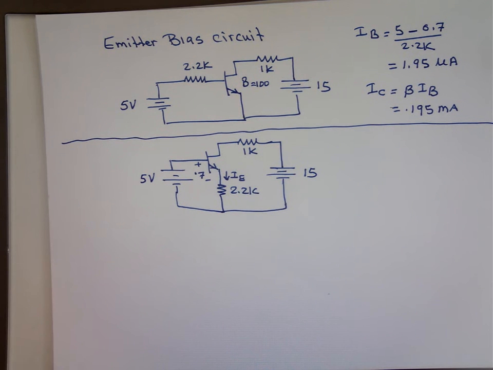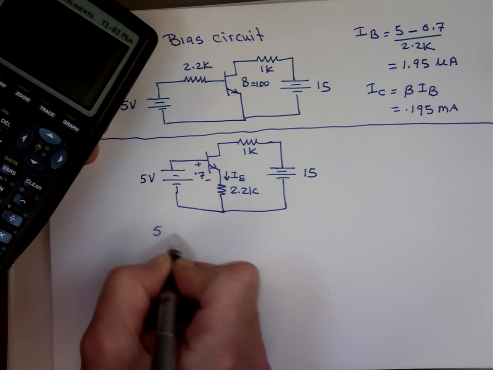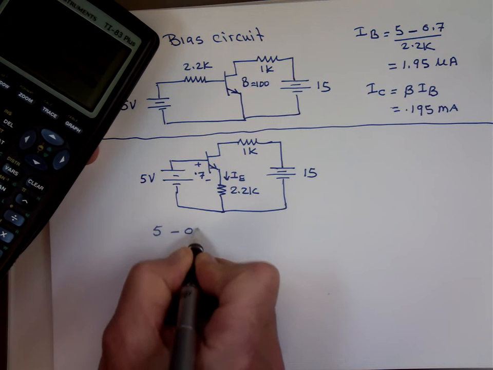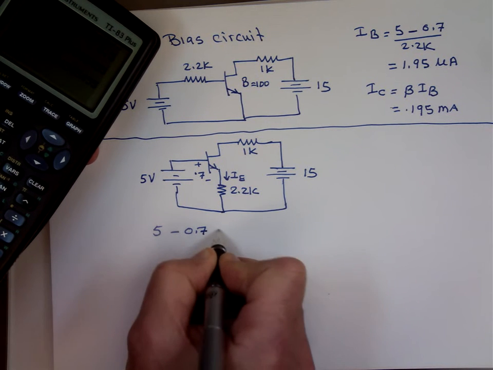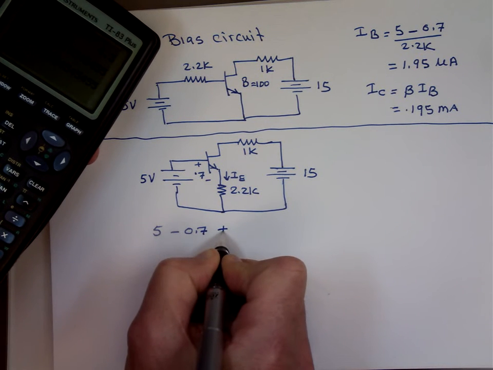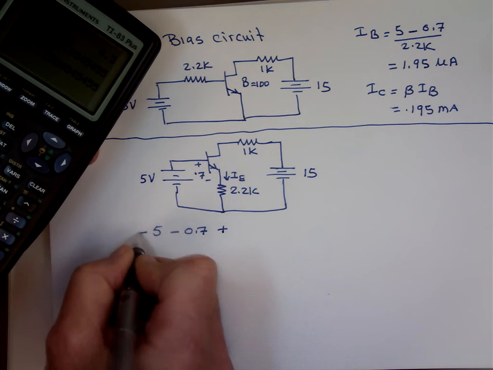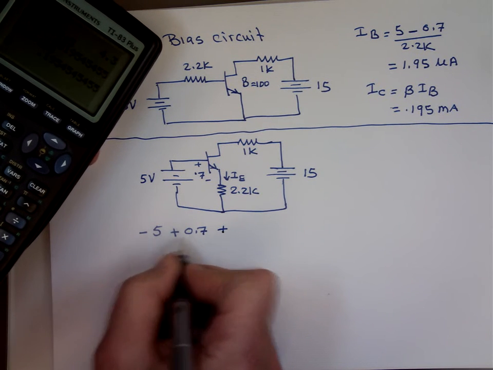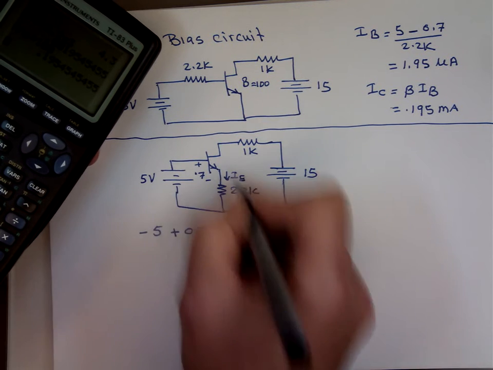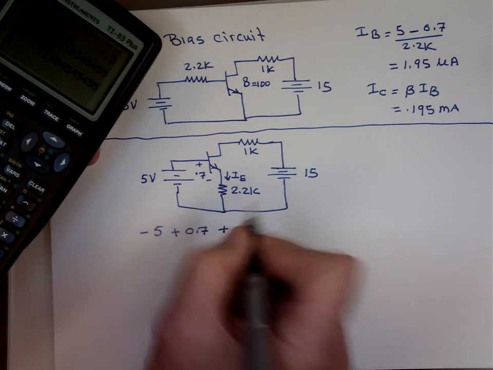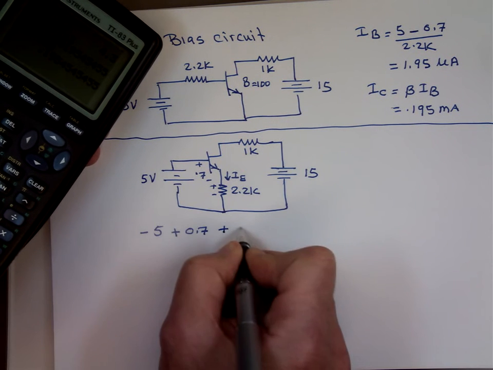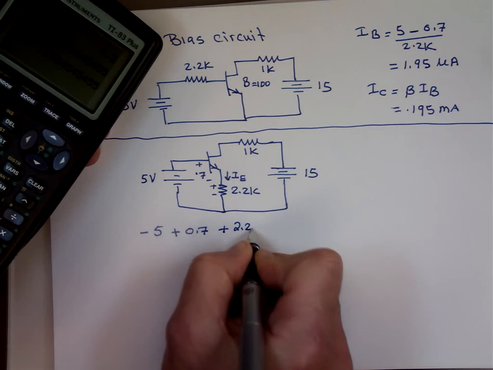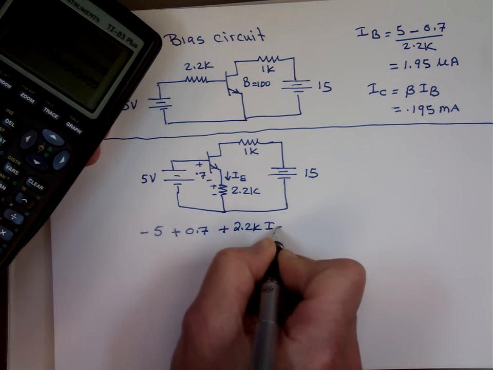So we have 5 minus 0.7 plus. Now some of you might use this as minus, this as plus. If you're going to do that, that's fine. It really doesn't matter. If you like to enter the minus sign with the minus, the plus with the plus, then this will be a plus 2.2K times I sub E is equal to 0.